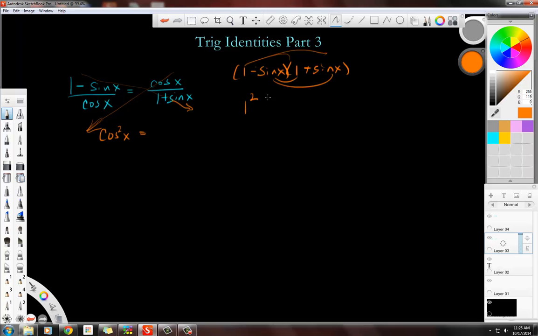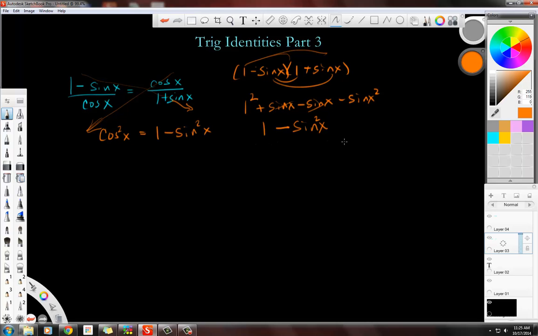you will get 1 squared plus sine x minus sine x minus sine x squared. So this is 1 minus, because those cancel, sine x squared. Like that. So on this side, we can write that in, sine x squared.